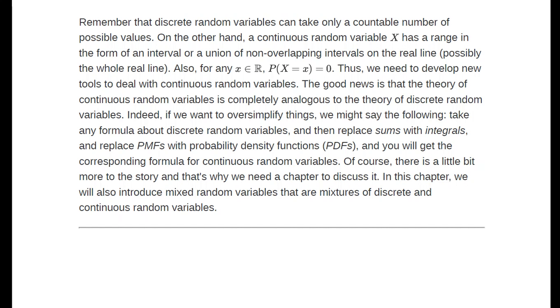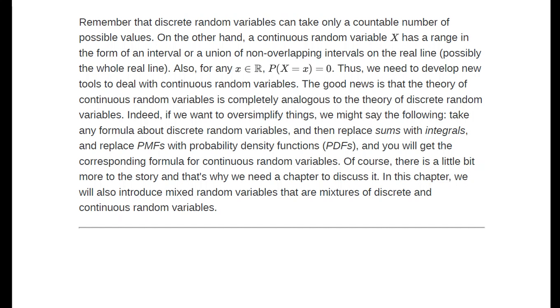Take any formula about discrete random variables, replace sums with integrals, and replace PMF or probability mass function with probability density functions, PDFs, and you will get the corresponding formula for continuous random variables.